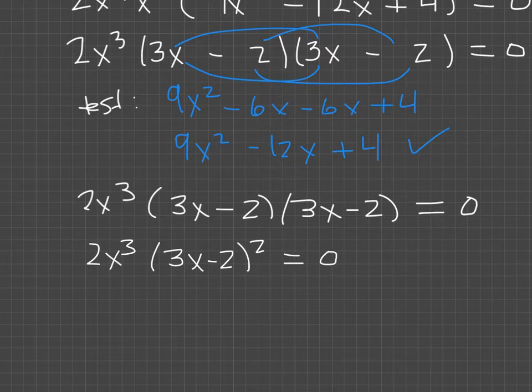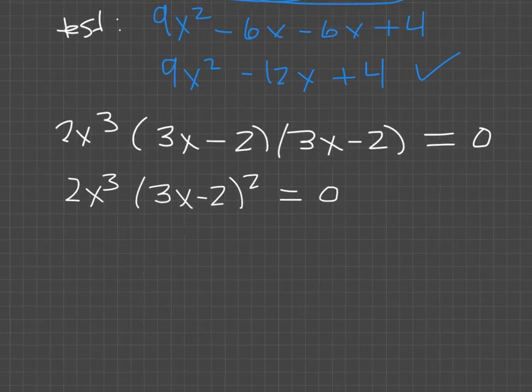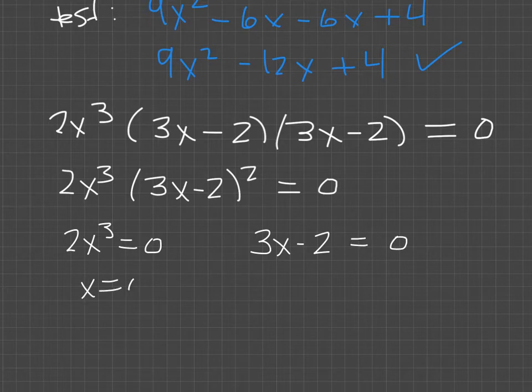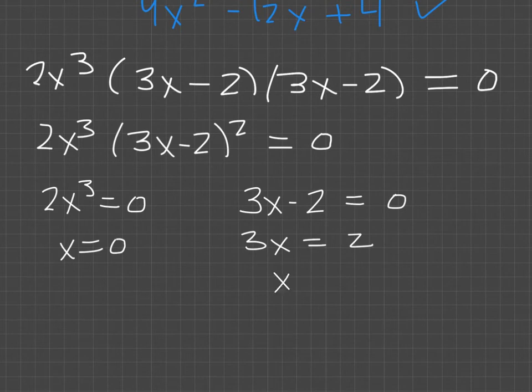Okay, so we have it factored. Now, to find our zeros, we're going to set those factors equal to 0. And we're going to end up with x equals 0. And here we add the 2 to both sides, divide both sides by 3, we get x equals 2/3.